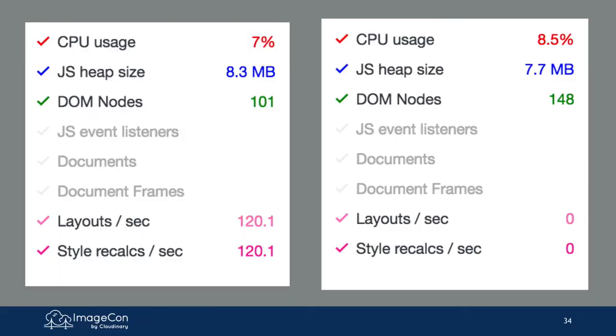Here, we have screenshots from Chrome Dev Tools. I did a performance audit of CSS animation, comparing it to the Canvas/JavaScript animation. Sorry, so my left, your left is CSS, and the other is JavaScript.